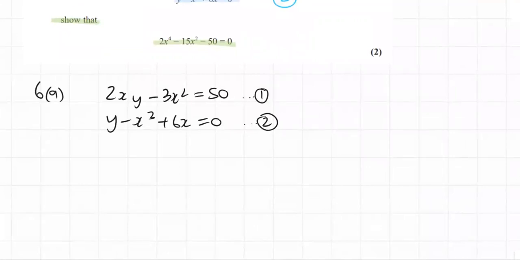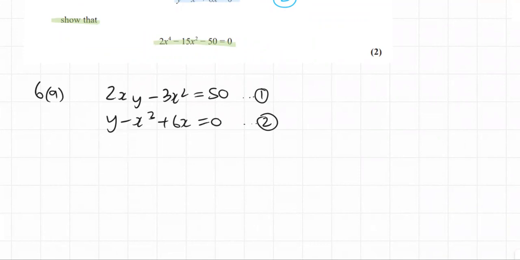From here, we can sub. Let's see. I think I'm going to rearrange number 2 a little bit because I want y equal to something.